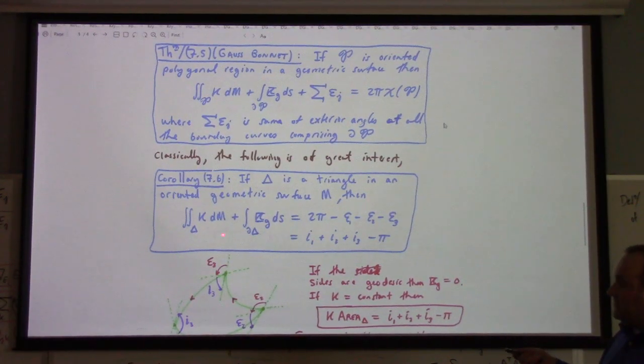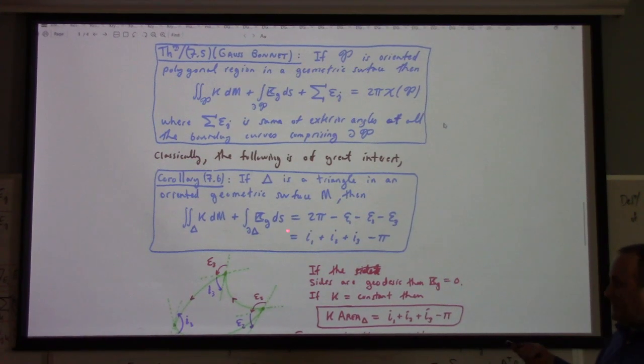On the other hand, if your surface is like a sphere, it's got a positive Gaussian curvature. So this works out to something non-zero. And that says that the sum of the interior angles is larger than pi. On the other hand, if you've got negative curvature, the sum of the interior angles is less than pi.